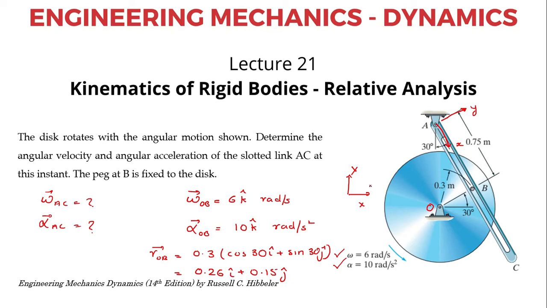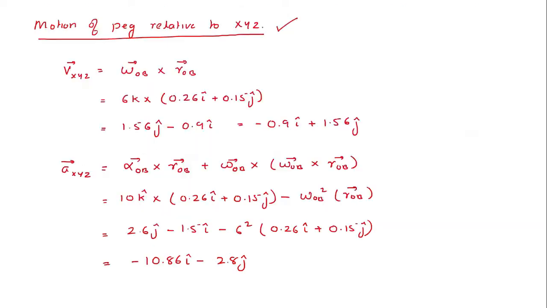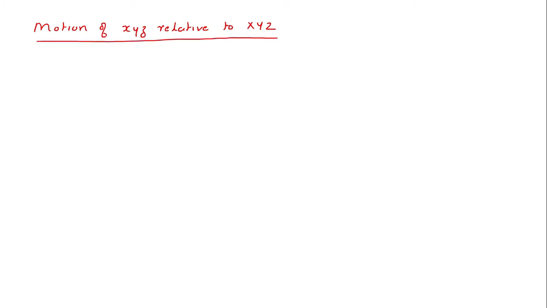So let me write that: motion of xyz relative to capital XYZ. You know the equation, we have studied it earlier: V capital XYZ vector is equal to V small xyz plus R dot plus omega cross rho vector.